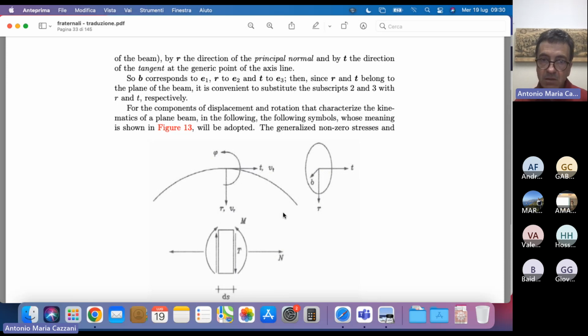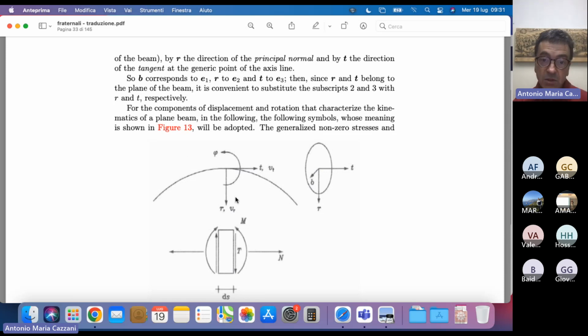So the situation is depicted in this picture, where we can define the tangent direction t and the normal direction r, or radial direction, which are at any point of the axis perpendicular to each other. We can associate to these directions the displacement component Vt in the tangent direction and Vr in the radial or normal direction.